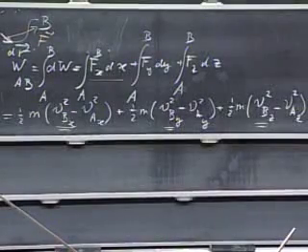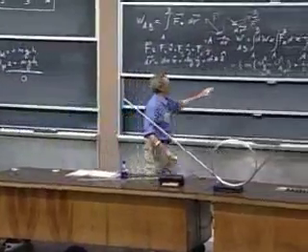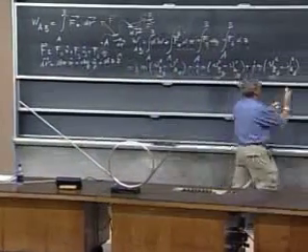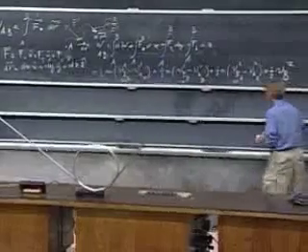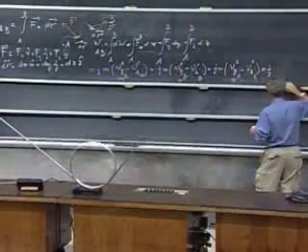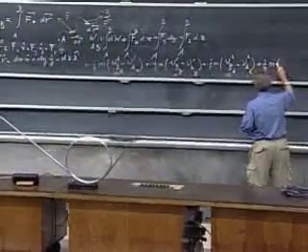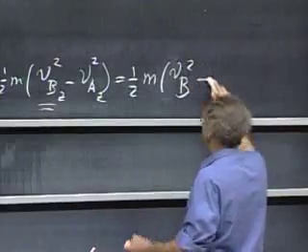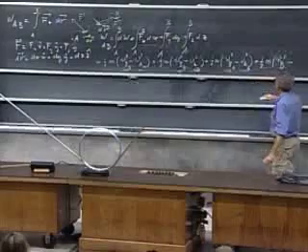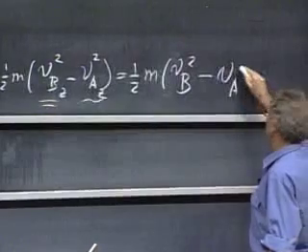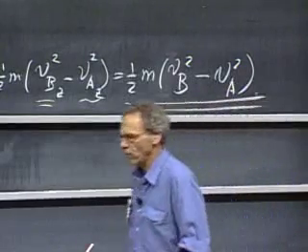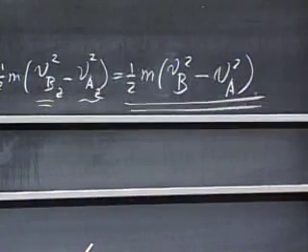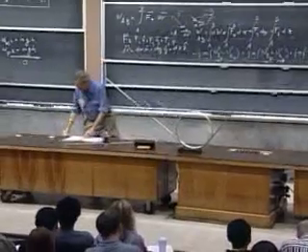You get the square of the speed. So if you add up these three terms, you get 1/2 m times vb squared minus va squared, oh, I lost my m, let me put my m in there, and you get exactly the same result that you had before, namely that the work done is the difference in kinetic energy.